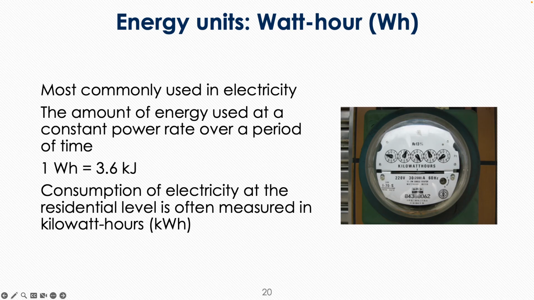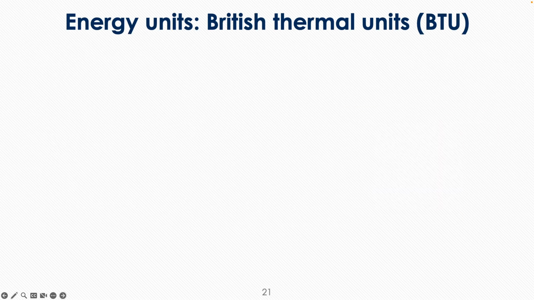It just tells you the amount of energy based on the wattage over the period of time used. Most commonly at the residential level, we think in kilowatt hours. In larger contexts, like power plants, you're often talking about megawatt hours, gigawatt hours, terawatt hours. Okay? Any questions? All right, moving on.